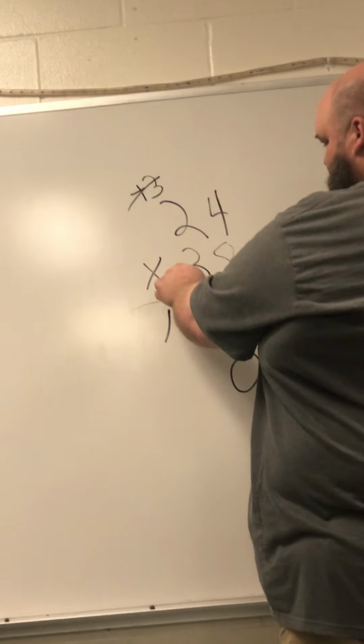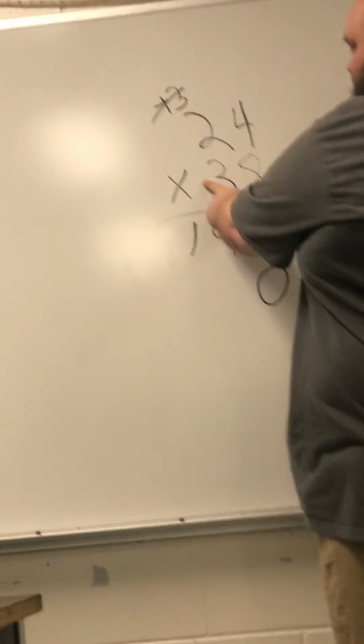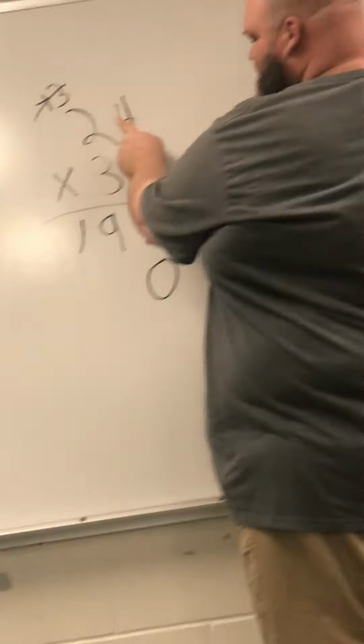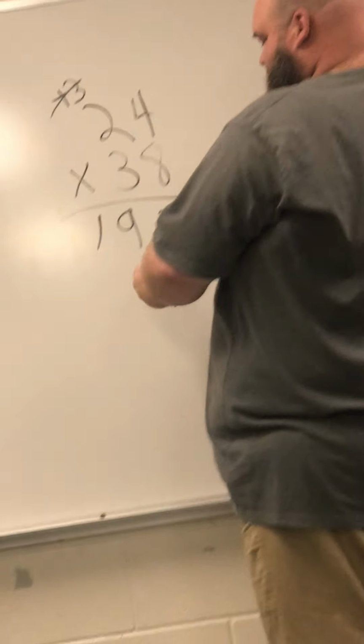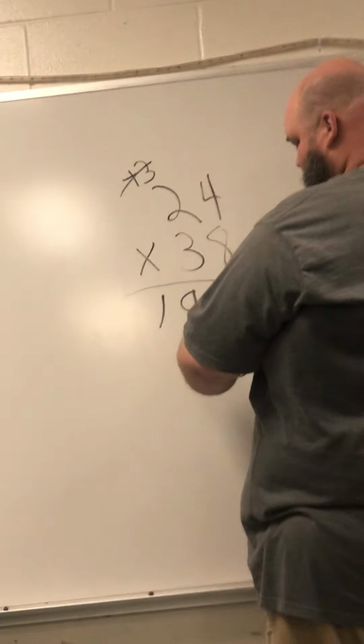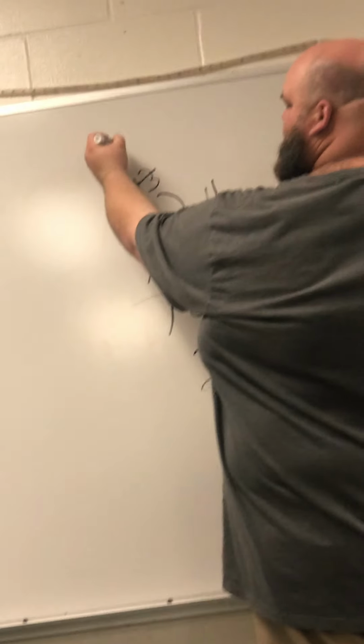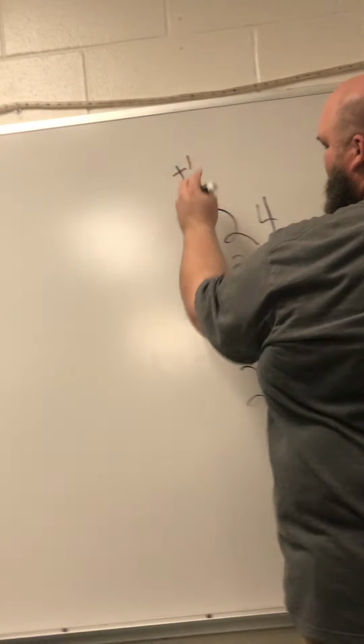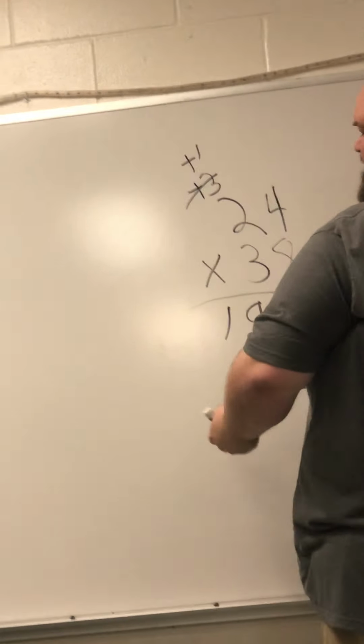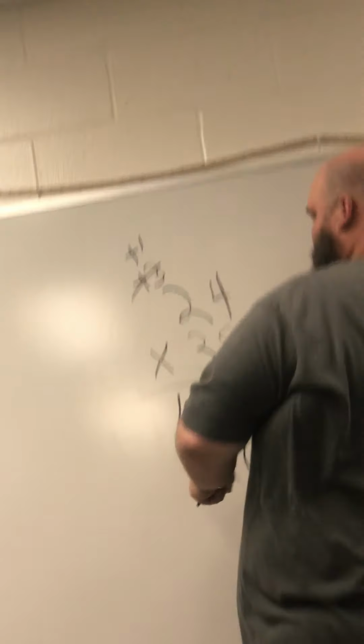So now I'm going to do 3 times 4, which is, that's right, 12. Now, I'm going to carry that 1. See, this is why I marked out that 3. Now I'm carrying another number over there, and I don't want to get it confused.